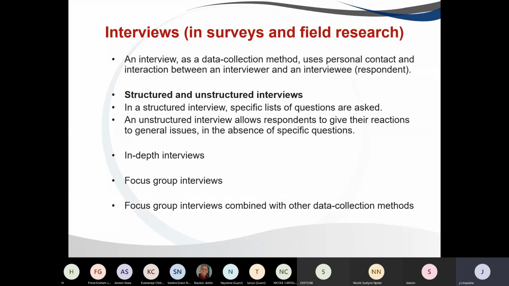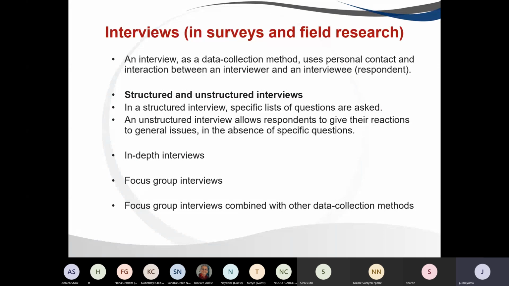So if you find that there are things that are coming up in the interview that was not necessarily part of your plan, you sort of allow the participant to delve into that, because you understand that there might be something there that may be really valuable for your research. So the unstructured interview really allows the participant to bear it all, in a sense, of course, within the confines of the research setting, and just within the boundaries of what that interview is meant to fulfill.